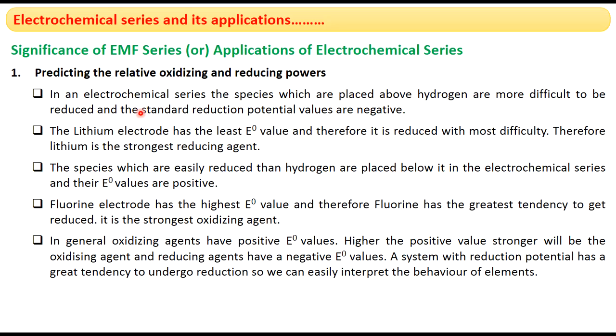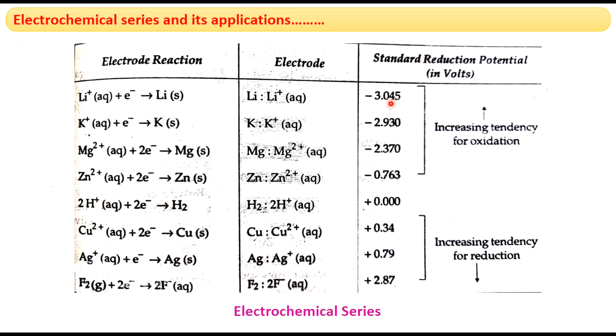In the electrochemical series, all the electrodes which are placed above hydrogen are more difficult to reduce. So their standard reduction potential values are negative. We can take lithium, potassium, magnesium and zinc. These are above hydrogen. So these can be reduced with the most difficulty.